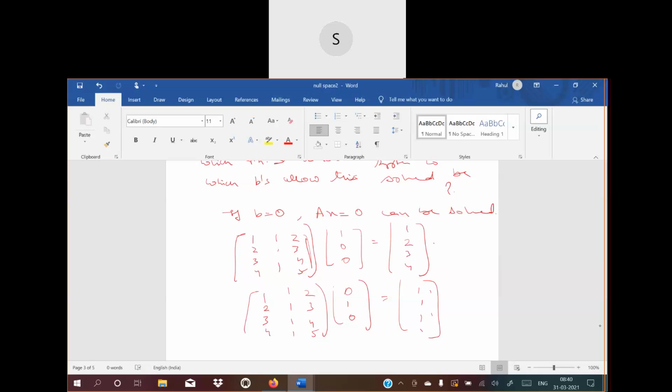So B is on your right hand side, and we are saying for what values of B this Ax equal to B will have a solution. This will happen only when B is in the span of A. Then only will we be able to find this solution.